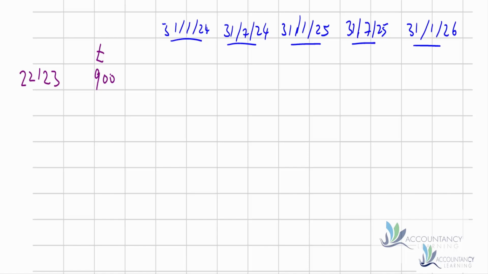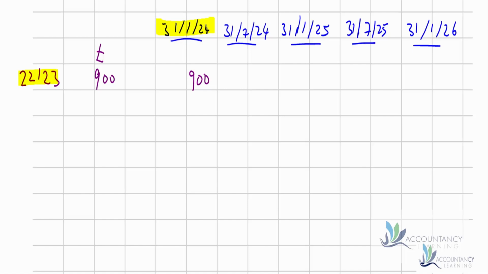So 22-23, that is the year from the 6th of April 22 to the 5th of April 23, and the tax return needs to be submitted by the 31st of January 24, and that's when we need to pay the £900. Okay, so £900 will be paid for that year on the 31st of January 24.